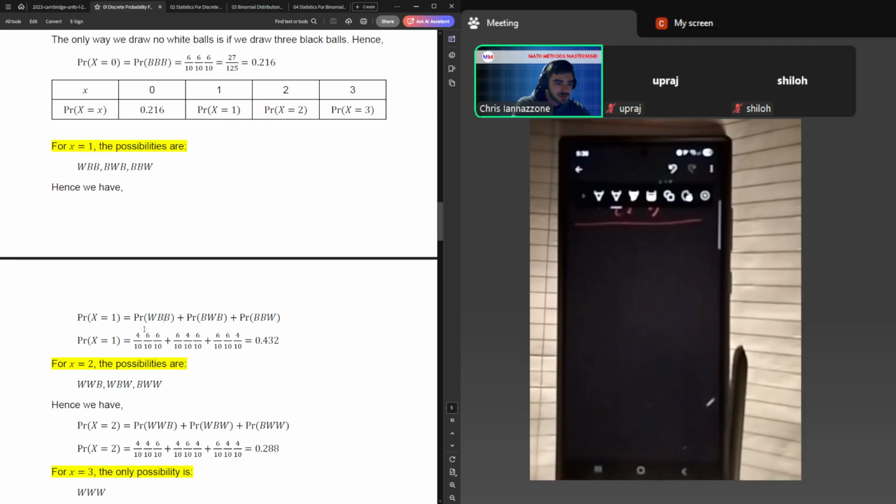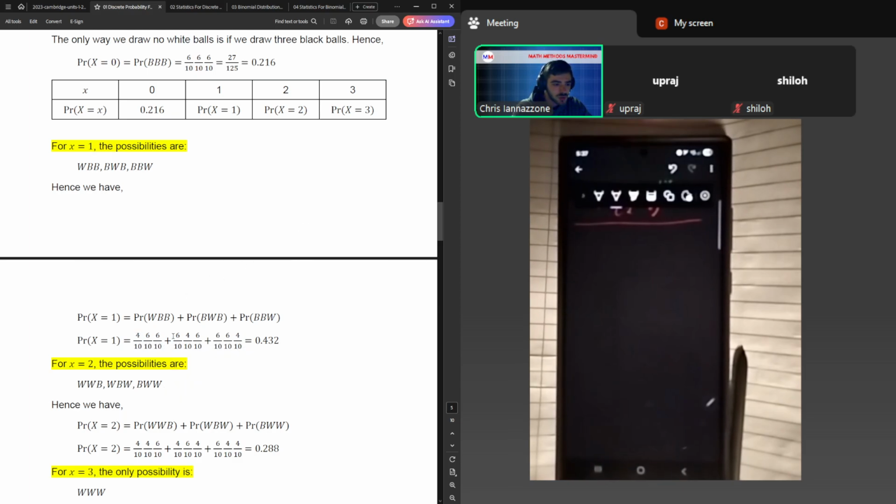White, then black means 4 out of 10, 6 out of 10, 6 out of 10, so on and so forth. What you'll find is that these questions that have with replacement in them, or basically any question where the probabilities don't change from trial to trial, any combination still ends up being the exact same multiplication.